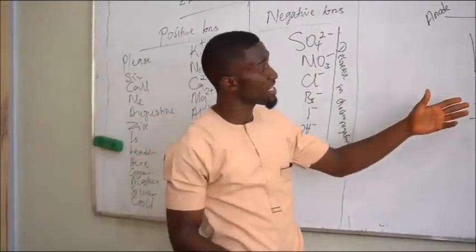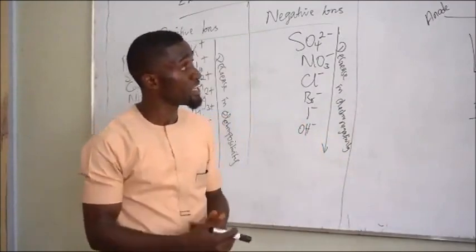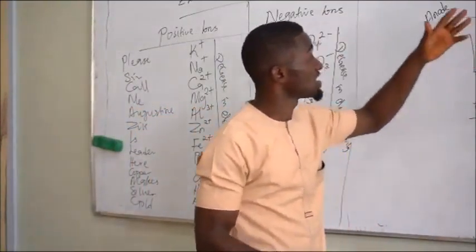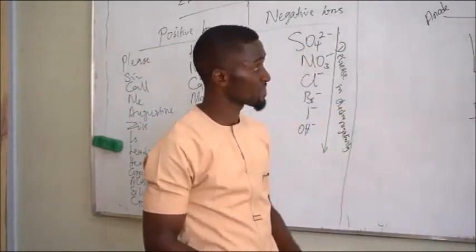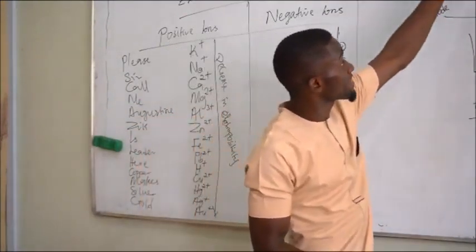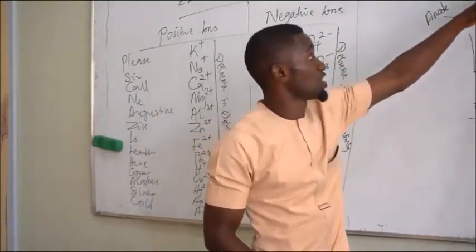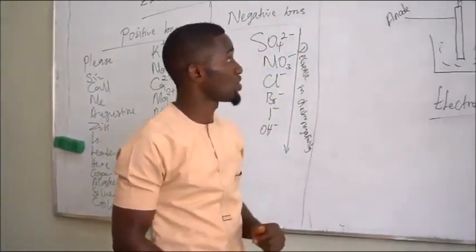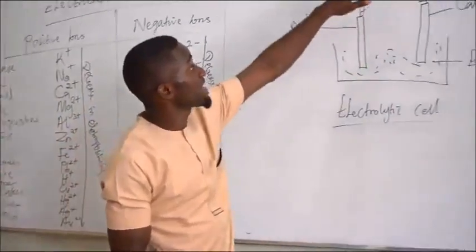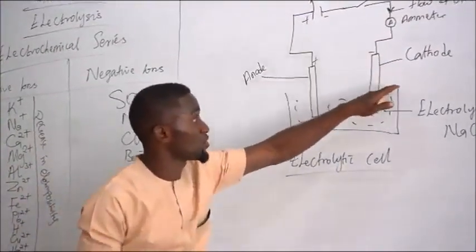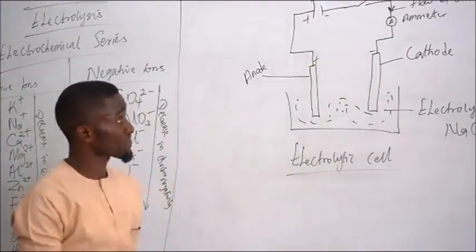The electrolytic cell comprises two electrodes, the anode and the cathode, dipped into the electrolyte. We have the battery, and the positive terminal of the battery is connected to the positive electrode, the anode. Then the negative terminal of the battery is connected to the negative electrode, which is called the cathode.